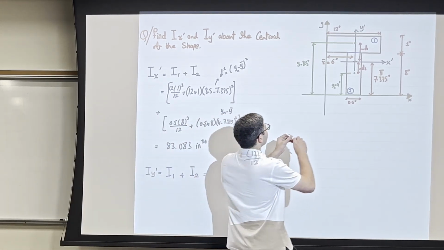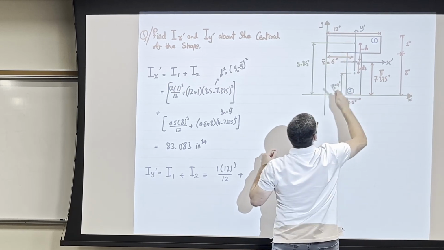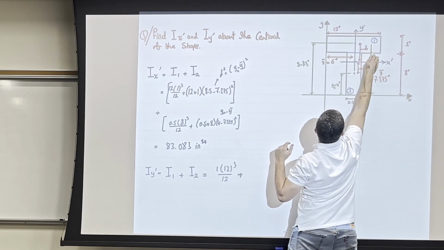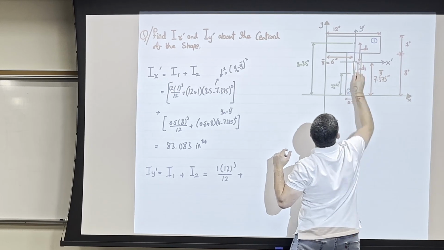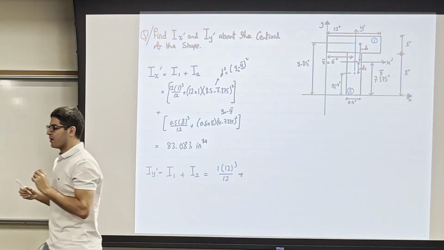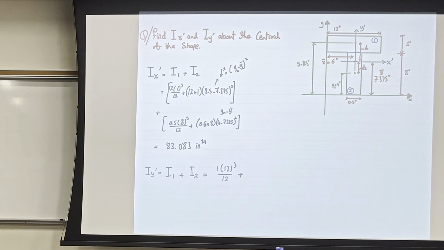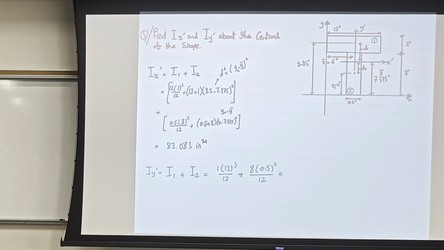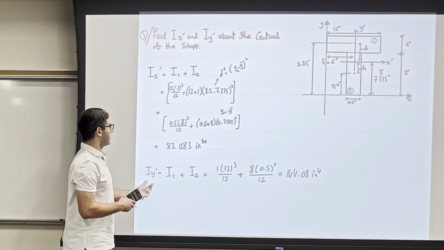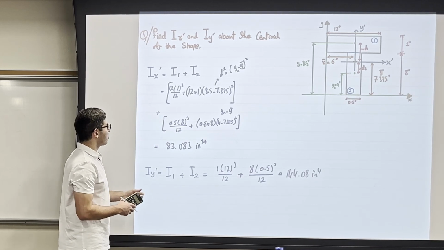The reason, again, is that there is no d squared in that direction, because the centroidal y of shape 1 aligns with the centroid of the whole shape. Okay? For shape 2, it's the same thing. So I will only say 8 times 0.5 cube over 12. And the answer here is 144.08 inch to the power 4.